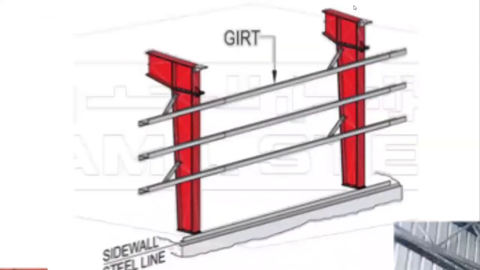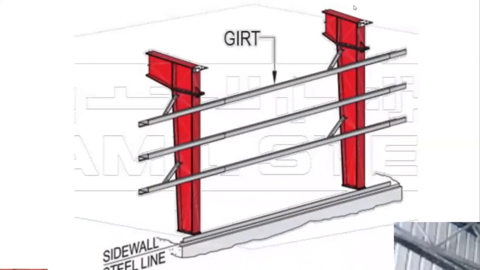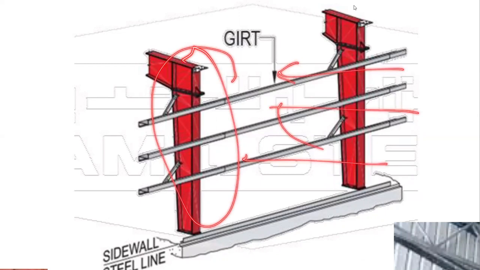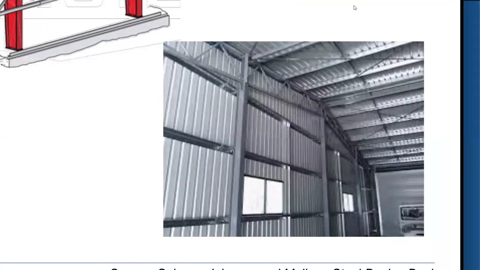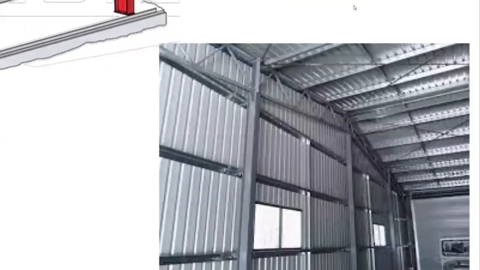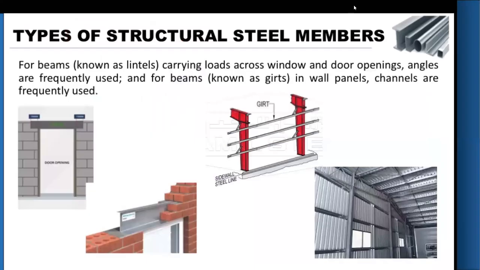They are not just a place for installation; they also serve as a support or cover. Whatever wind hits this portion is transferred to our columns, their supports. So this is what it looks like in actual.